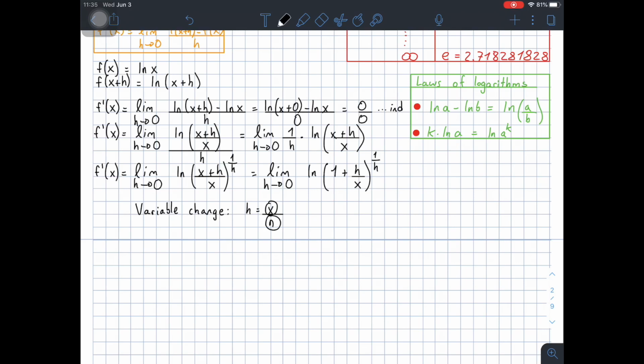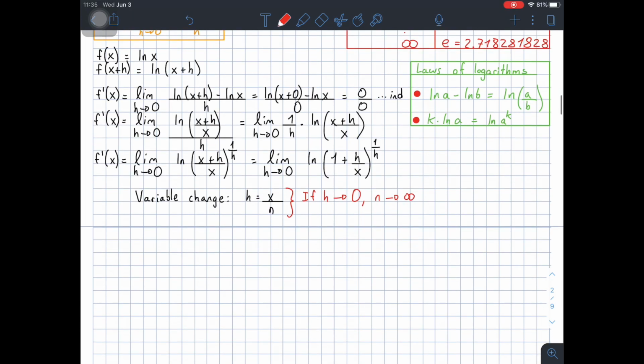We're dividing x divided by n, so if n approaches a very big number, then h will approach 0. So if h is approaching 0, just as we wrote in the limit, then that means that n is approaching infinity.